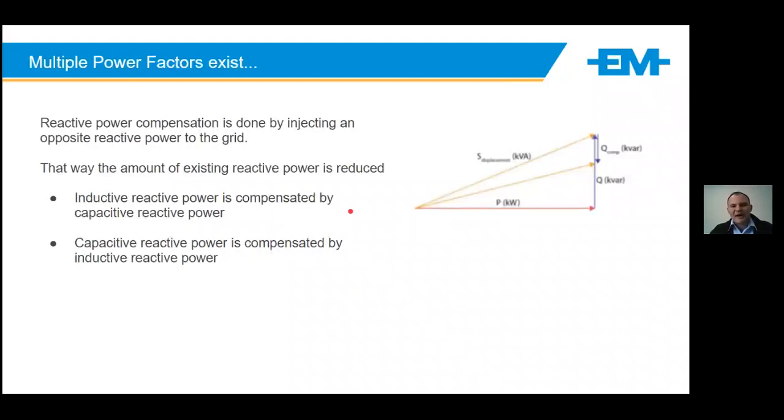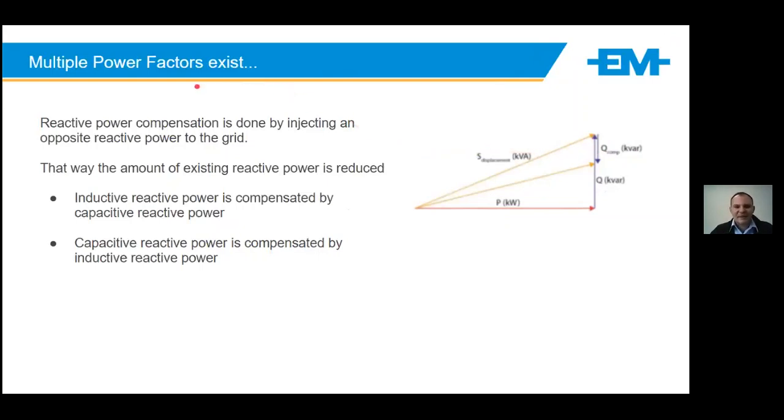Reactive power compensation, as we have mentioned, is done by injecting the opposite reactive power using capacitors. This is done by inserting the capacitor at the required time. And our result is this kVAR reduction, because the compensation came from the capacitor.